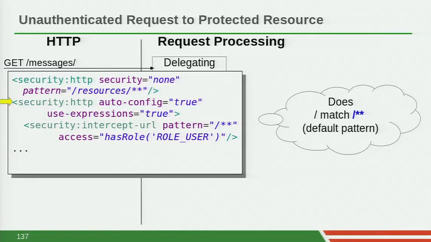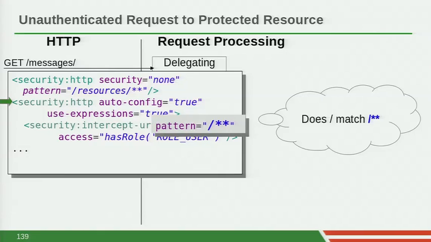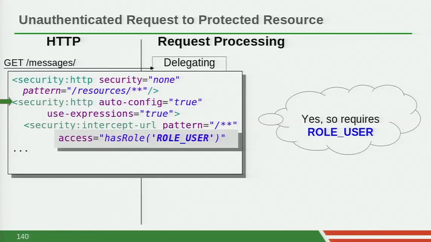So you don't want to place the /** one first, because otherwise you'll never get to the second one. And Spring Security will actually give you an error if you do this incorrectly. So it does match /**, so we're selecting this HTTP element. Now we're going inside the HTTP element, and we'll determine if the pattern matches the current URL. And / does match /**, and so we require the role user.